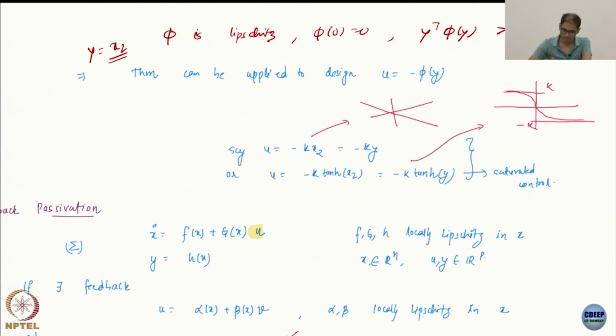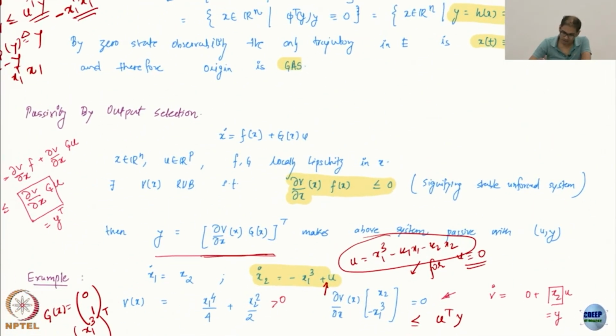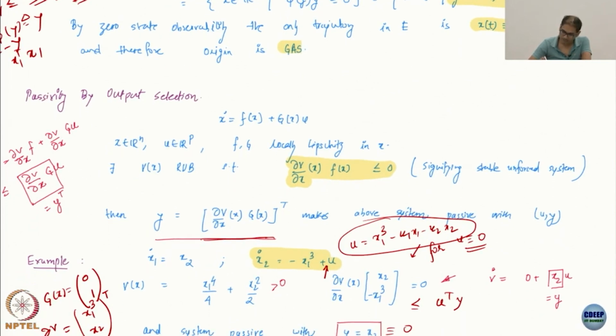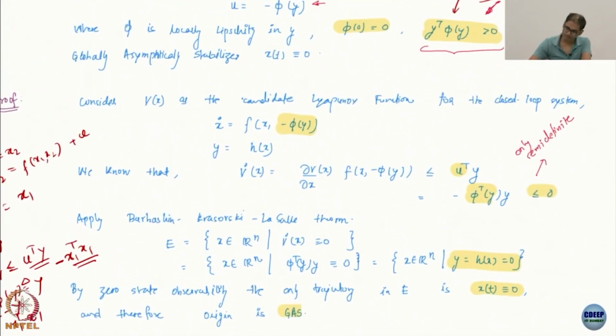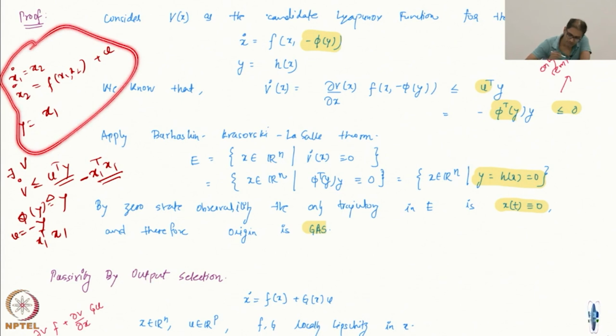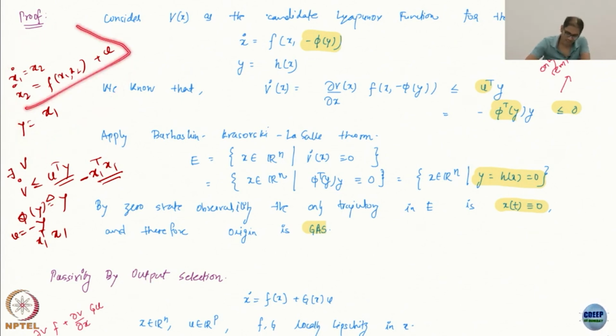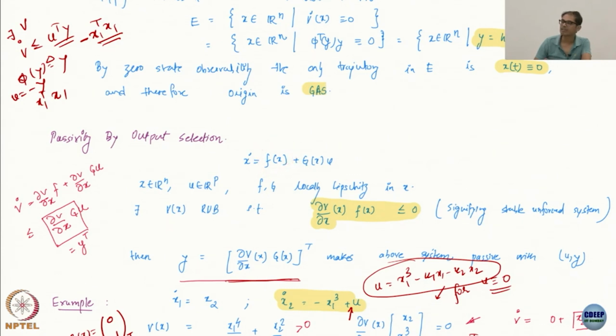So, if you have the ability to choose an output which will make the system passive and also zero-state observable, then you can directly apply this result. In a very general case like this, you will have to think. In the earlier case, we sort of assumed that your f of x gives you a stable system.